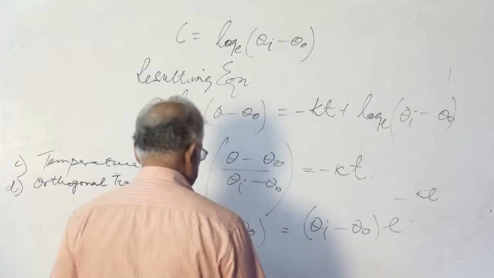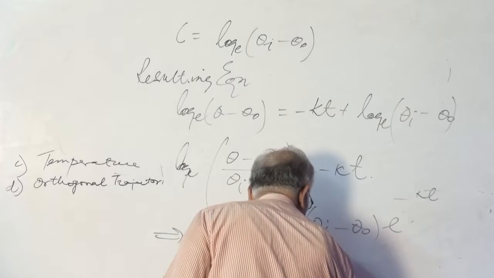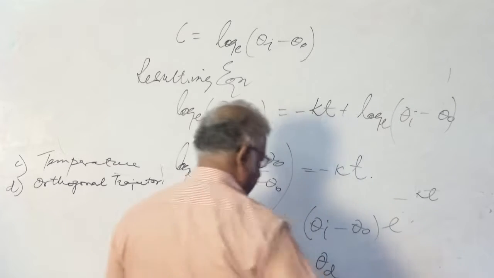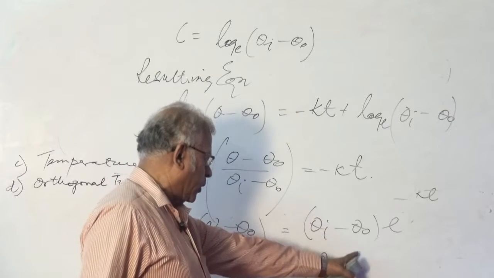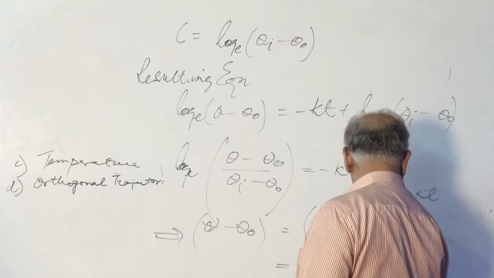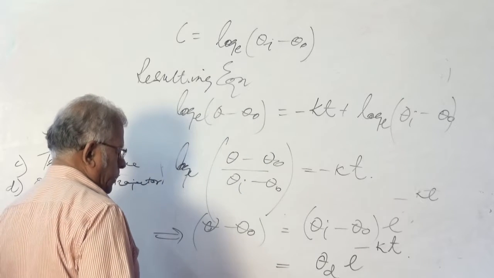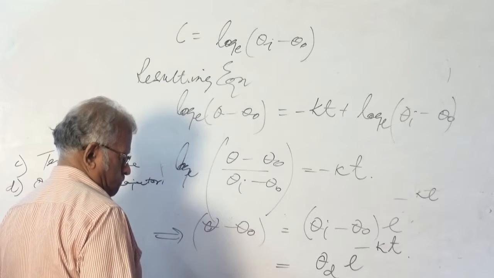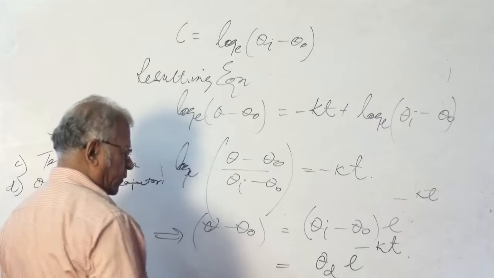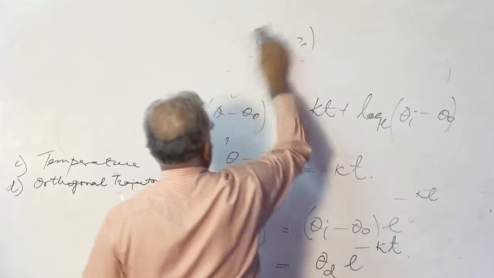So we can write this as, let's say, the initial difference in temperature between the hot body and the cold body times e to the power of minus kt. So that is the final equation. In other words, we can write theta as theta naught plus the initial difference times e to the power of minus kt. We write the final result in a simple way.